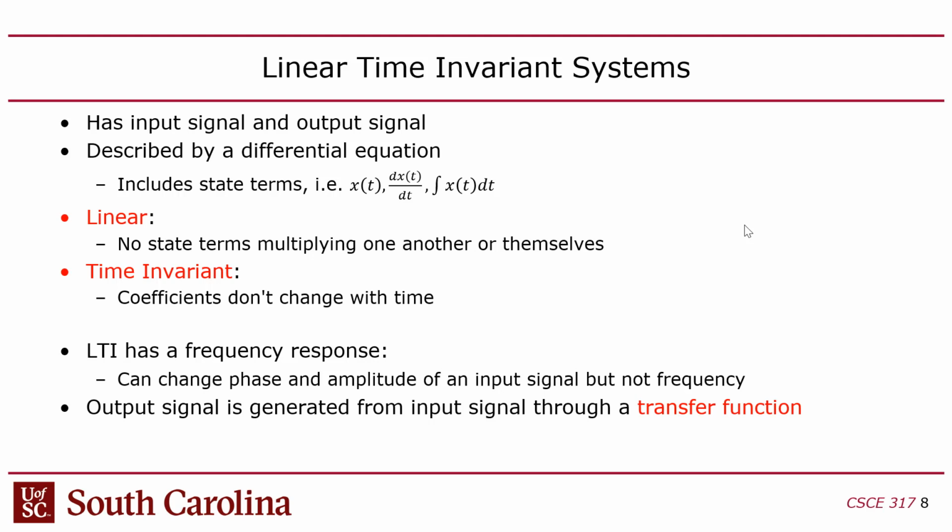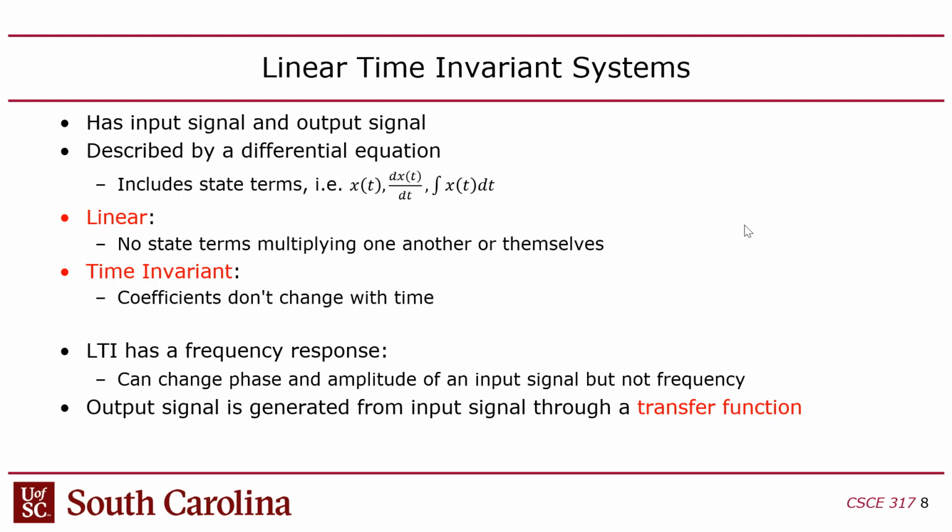An LTI is an equation where you have variables, and those variables are time series variables. They're signals, like x of t, variables that change with time.